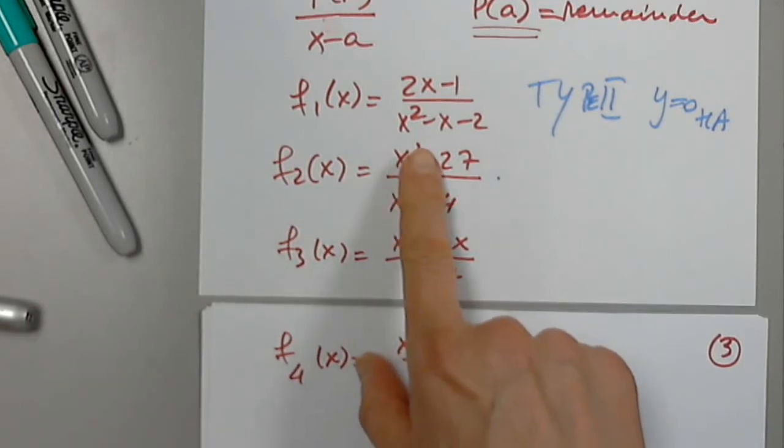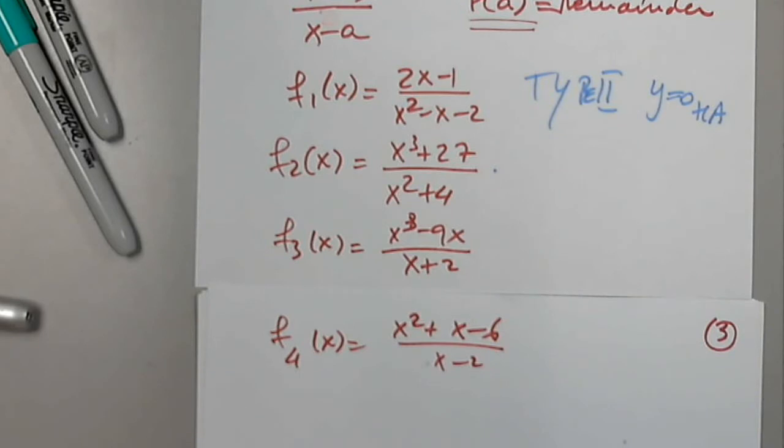The degree in the bottom is 2, the degree at the top is 1, so they don't have the same degree. It's y equals 0 only when the degree at the top is less than the one in the denominator. When the denominator is bigger, at infinity the function will approach 0.